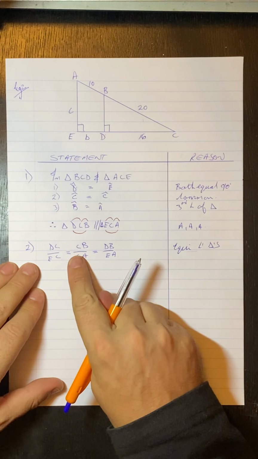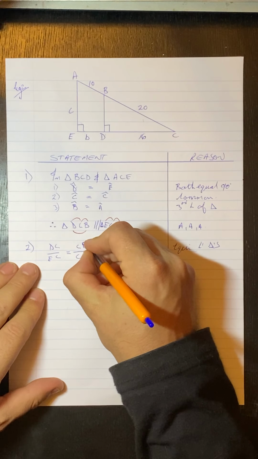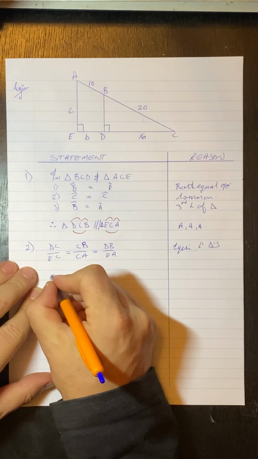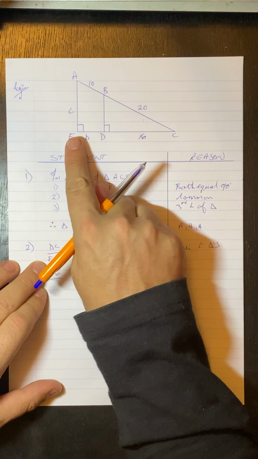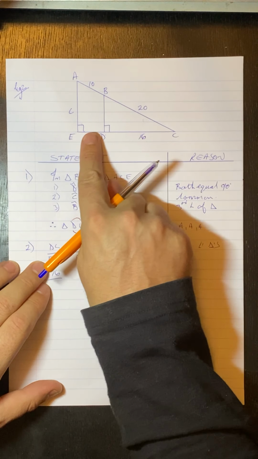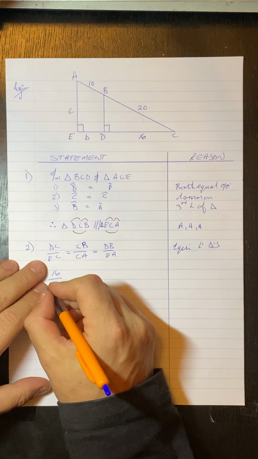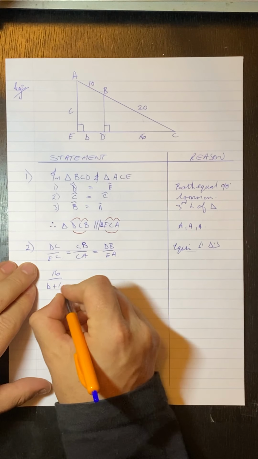Okay, so what I'm going to do now is fill in my information for all of these sides. What is DC? DC is 16 over, what is EC? Now, EC is both B and 16, but the entire length will be these two plus, so we can say here that this is B plus 16.